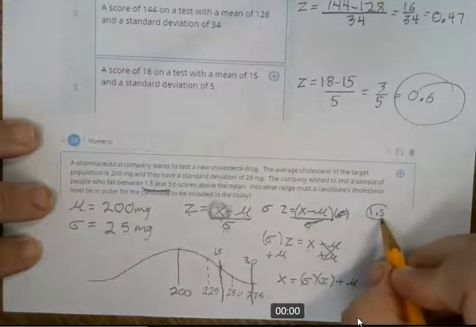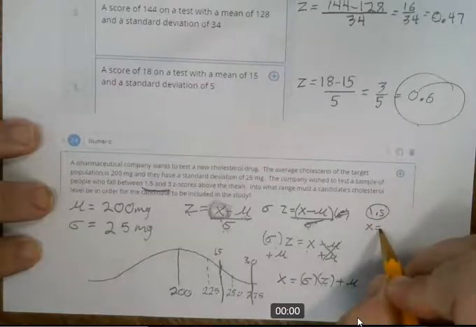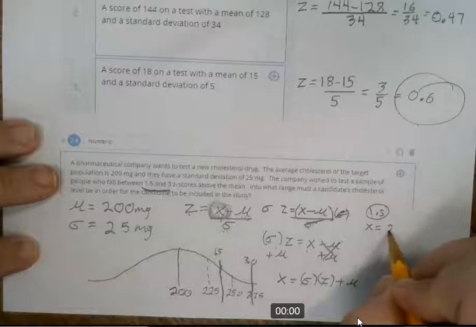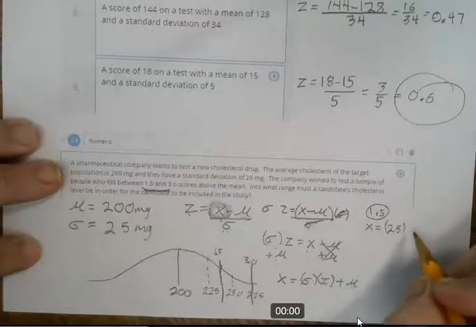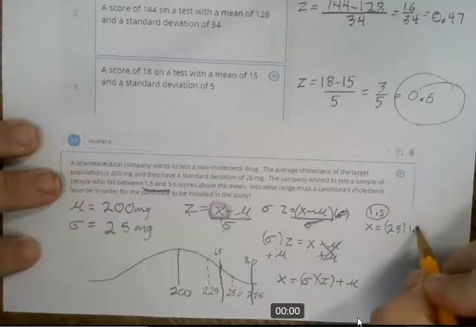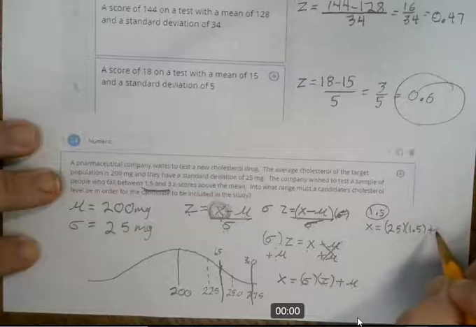Okay, so that means that the cholesterol value is going to equal 25, the standard deviation sigma, times the z-score. The first one we're going to do is 1.5. That's going to be plus mu, which is 200.